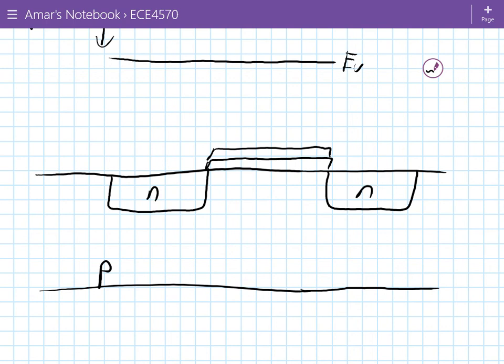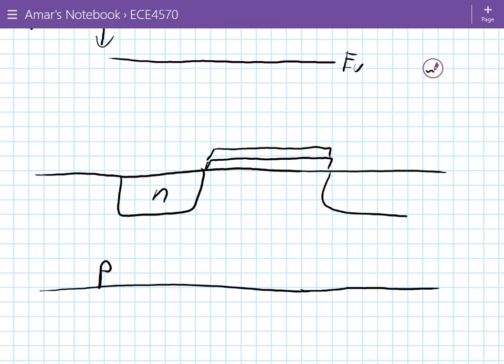The way that you make this is that initially you start off with a P-type substrate like this, and then you implant N-type material into here. So the point I'm trying to make is that the whole thing was initially P-type, but by implanting extra donors just into this region, you can switch it from P-type to N-type. This is how a transistor is made.